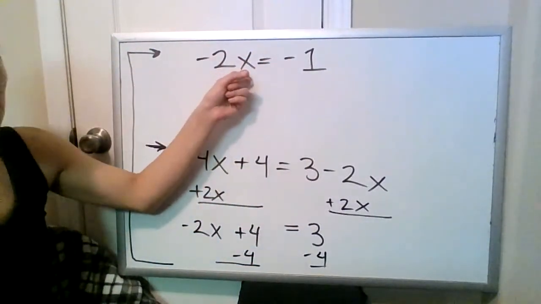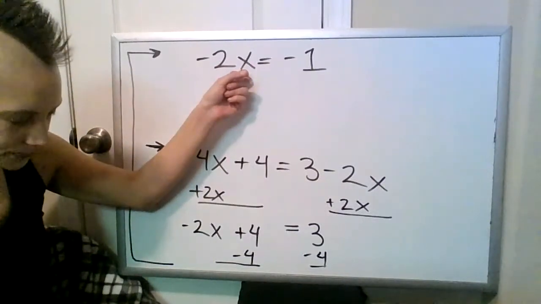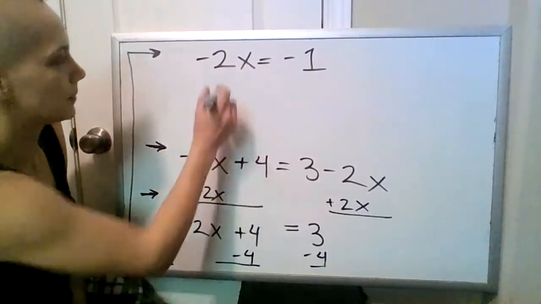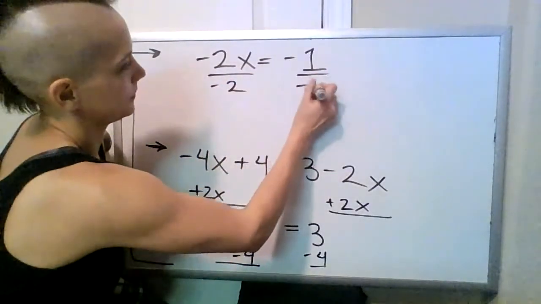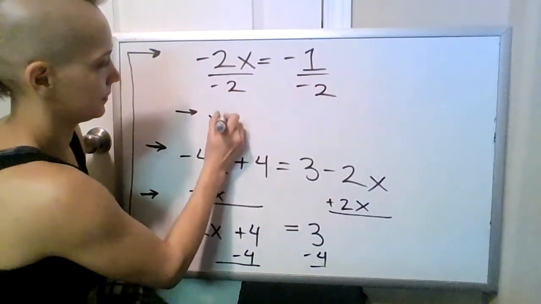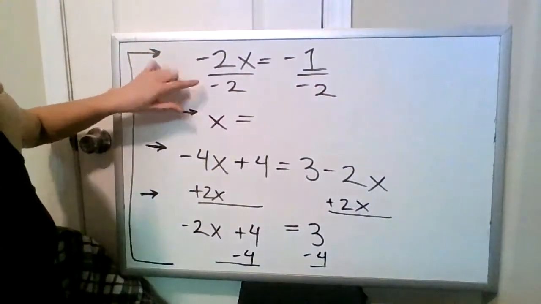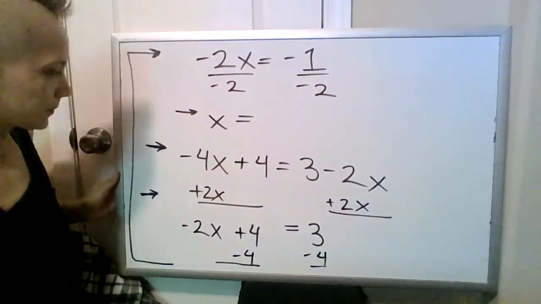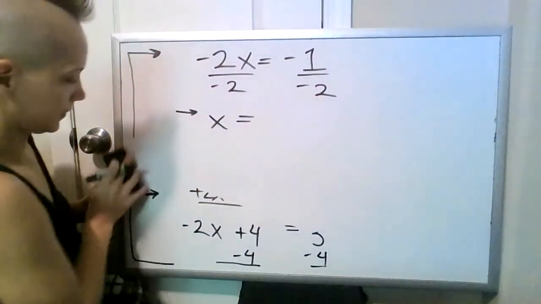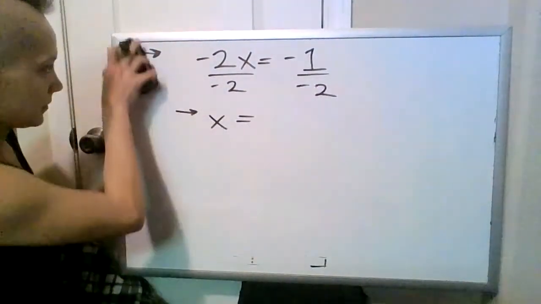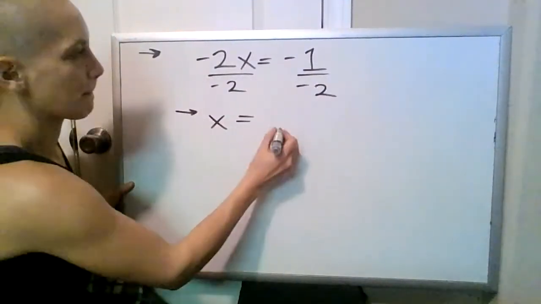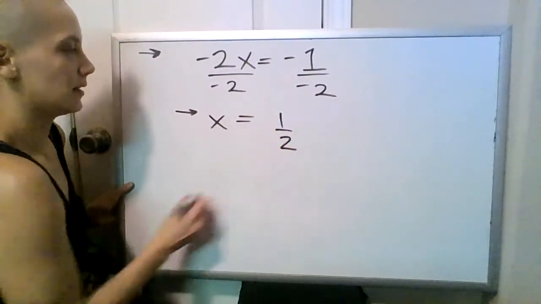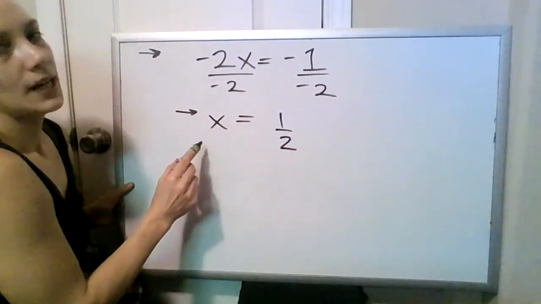And now to get rid of that -2, we'll divide both sides by -2. Negative and negative is positive. 2 over 2 is 1 times x, which is x. And then this negative with that negative is a positive 1/2. And then we're going to check.